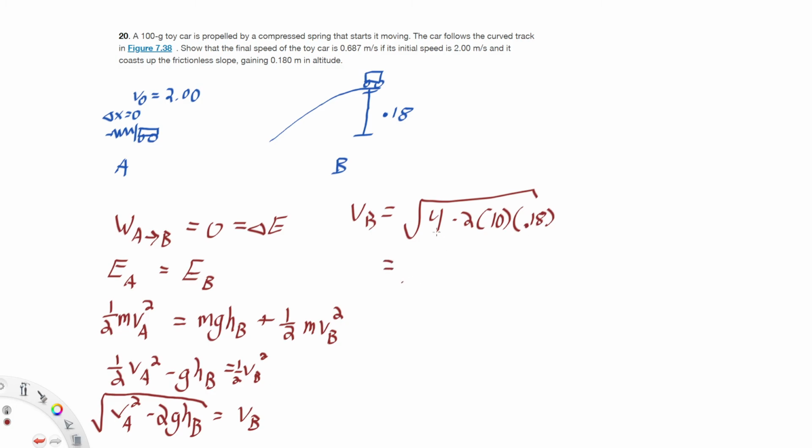So we have 4. Is it times or minus? That's a minus. Yeah. So 2 times 10 is 20. 20 times 0.18 is going to be 0.36. Or sorry, 3.6.